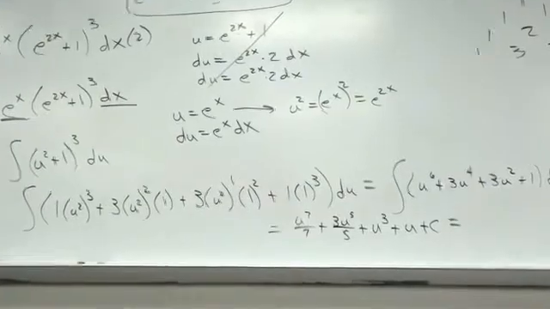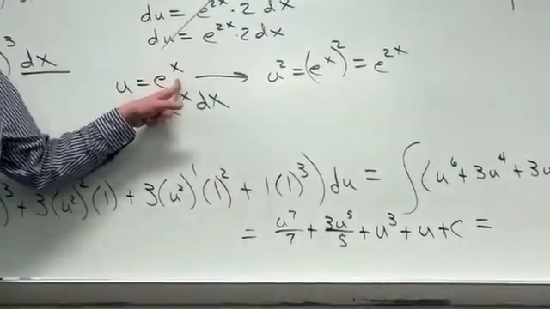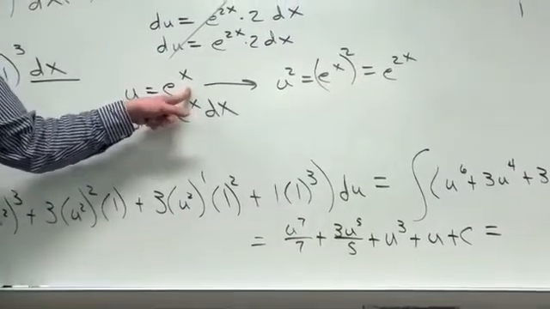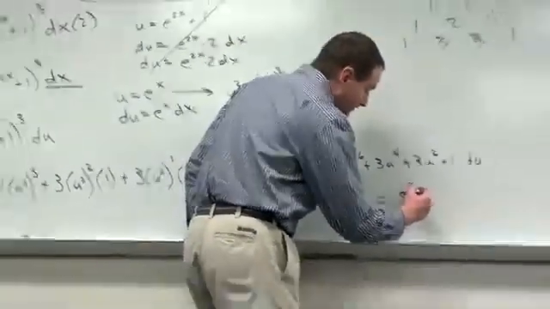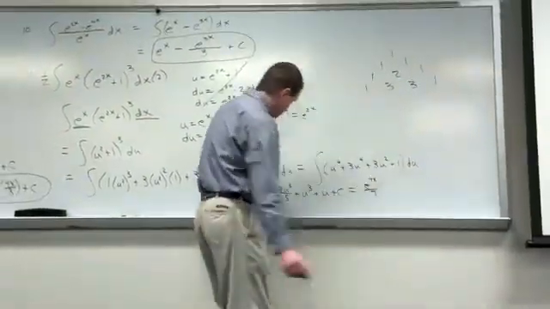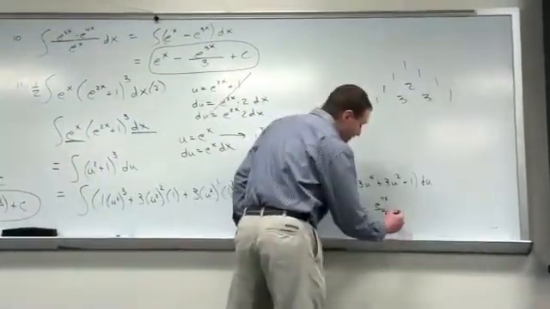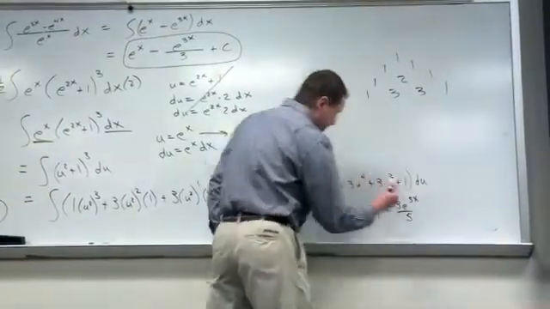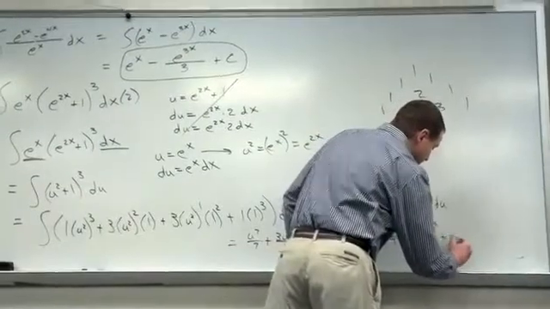So u to the 7th would be e to the 7x, since e to the x to the 7th is e to the 7x. So I'll say e to the 7x over 7, plus 3e to the 5x over 5, plus e to the 3x, plus e to the x, plus c.